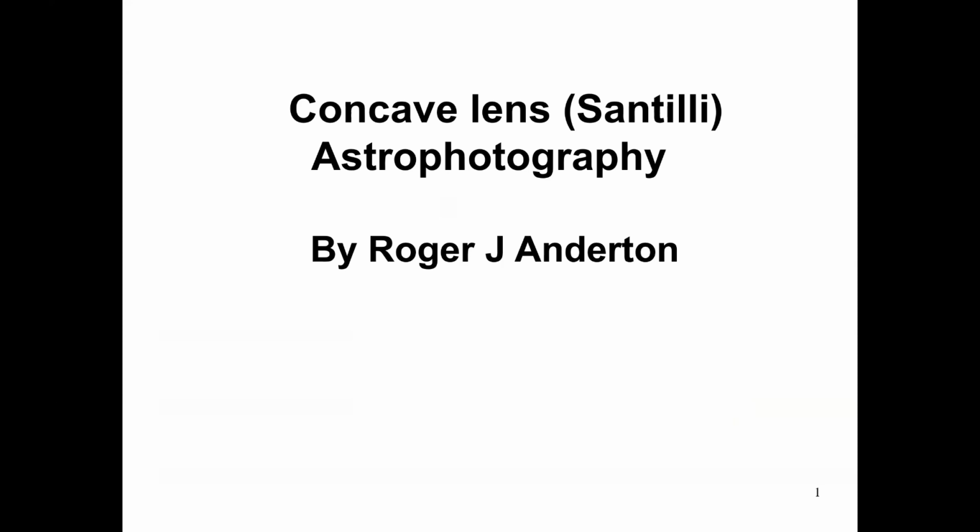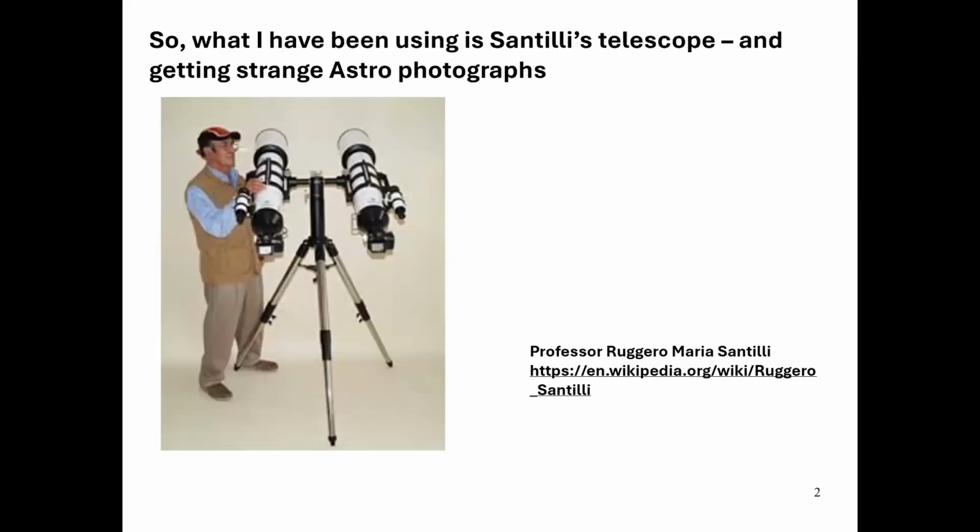It's about concave lens astrophotography, an idea based on what Professor Santilli has talked about with me. You can use a telescope or just a camera with a telescopic lens on it. I've been using what is called a Santilli telescope, and I've been getting strange astrophotographs.